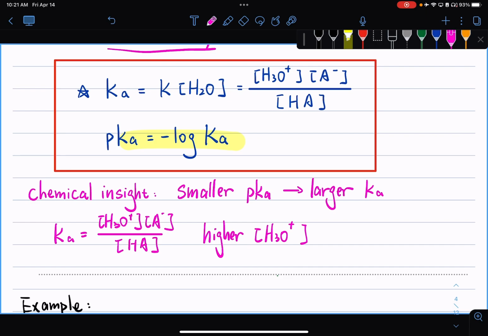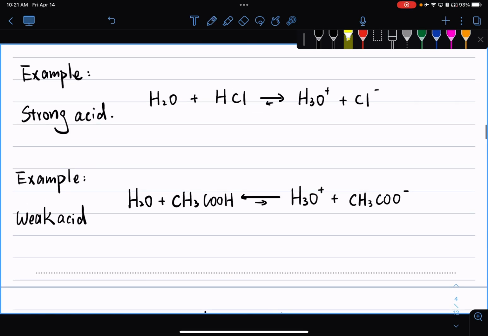All right, so let's look at two examples here using the pKa equations. First example, we did that before, as water reacting with hydrochloric acid. It's a strong acid. We're dissociating into H3O+ and Cl-. So you can check the table, you can Google it if you like.